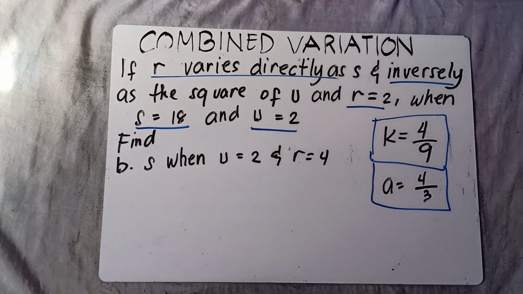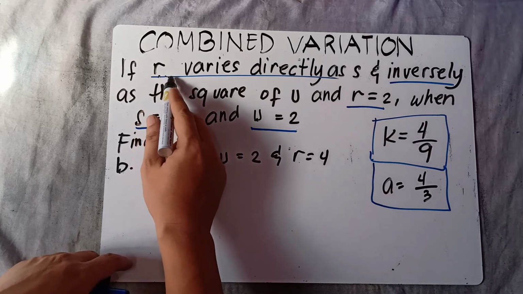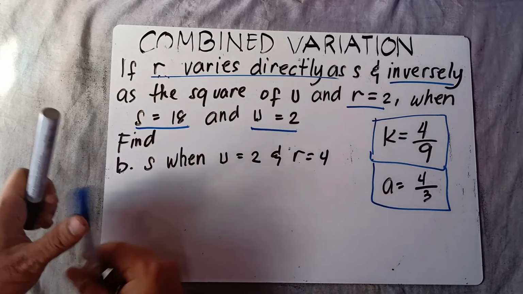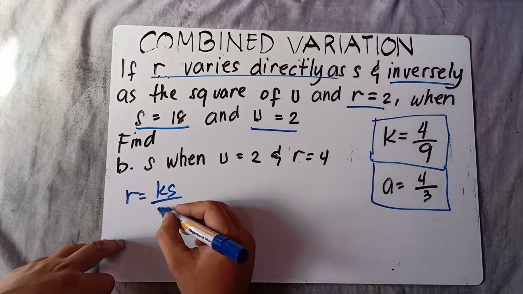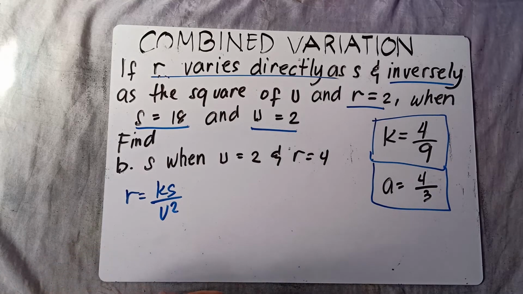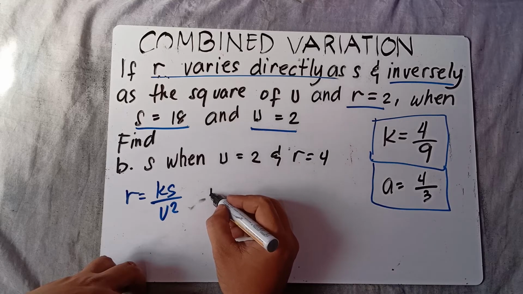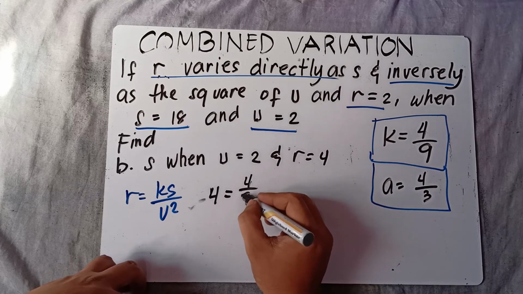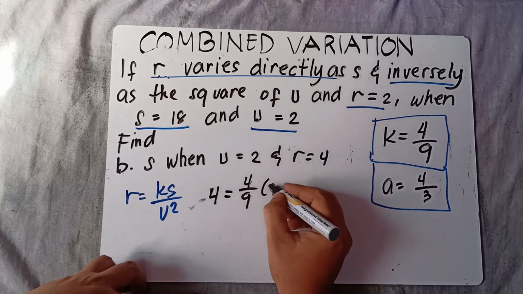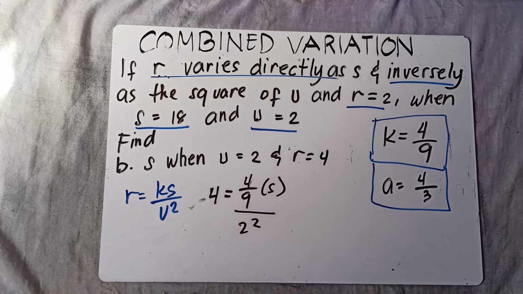Now since we already have the value of K, substitute into the given equation, R equals K times S over the square of U. So we have R is 4, so 4 equals, our K is 4 over 9, times S, you are told to find S, over U, which is 2 squared.